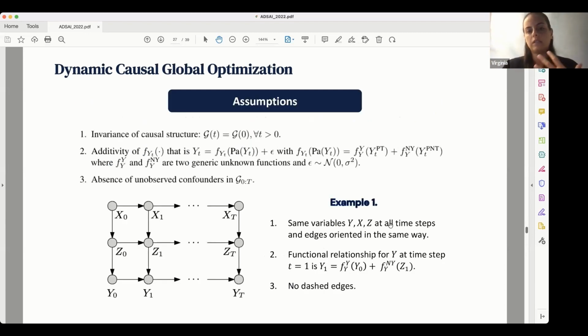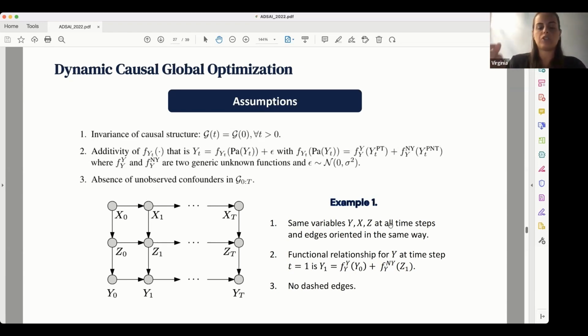Notice that if we look at this assumption in the causal graph that we've seen so far, we assume invariance of causal structure, but that means that the orientation of the edges at every time step is the same. However, the time transition might be different.